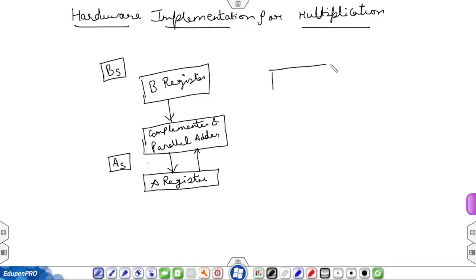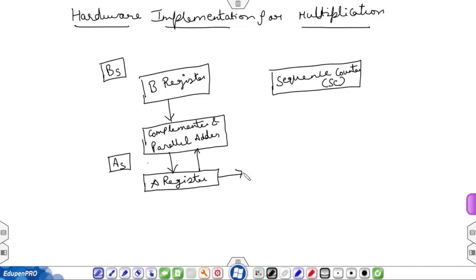Here another hardware component will be used, that is called the sequence counter. The sequence counter is basically used to count the number of steps that are involved in the multiplication process. It depends upon the number of bits that are present in the multiplier.